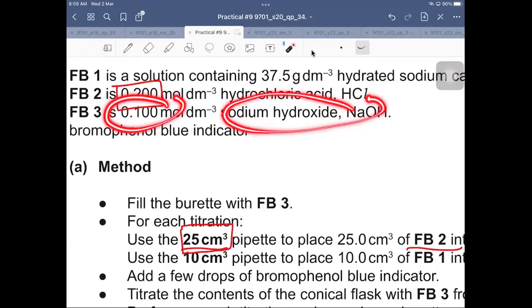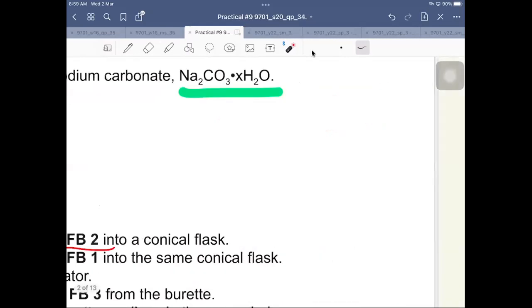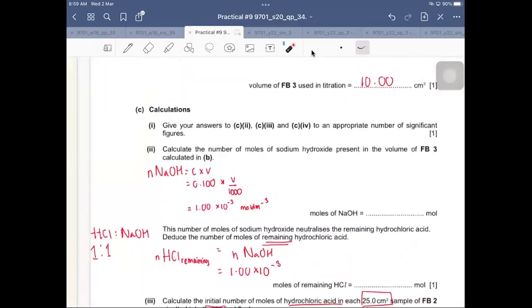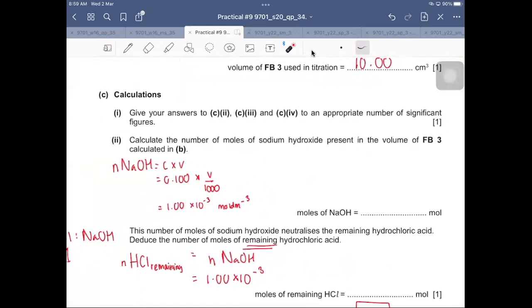So volume of titre times concentration, you can find the number of moles of sodium hydroxide. Let's have a look at the questions. Calculate the number of moles of sodium hydroxide present in the volume of FB3 calculated. This is where you find the number of moles of sodium hydroxide from your titre value.